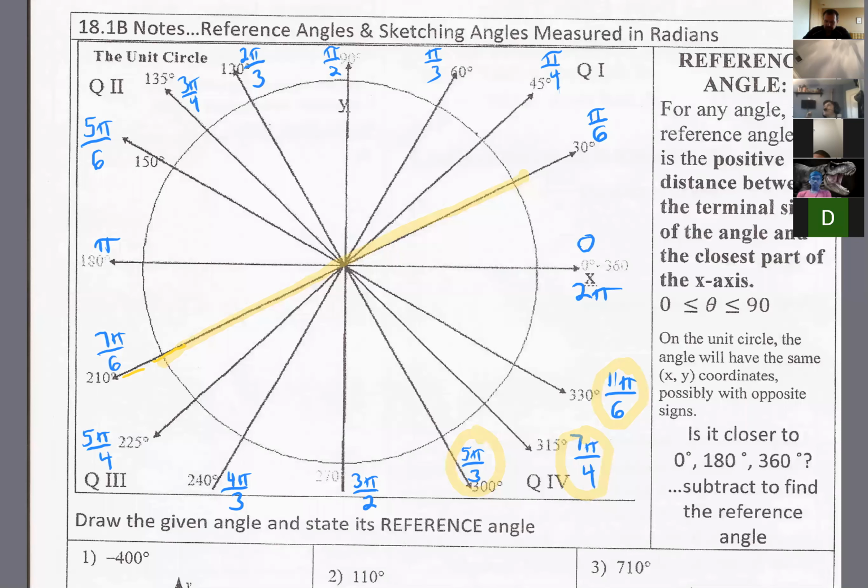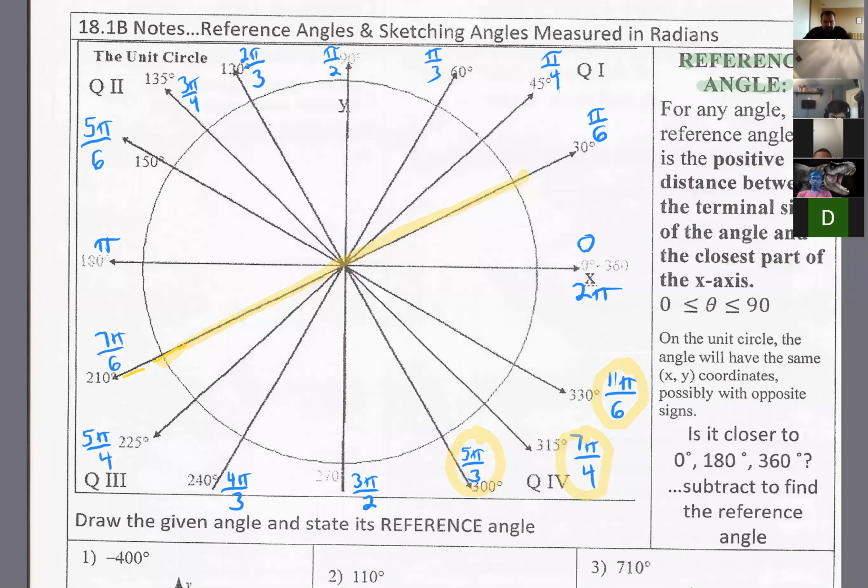It always uses the terminal side and the closest part of the x-axis. And you should also know that it's going to be between 0 and 90 degrees. So I'm going to put a little degree symbol here.